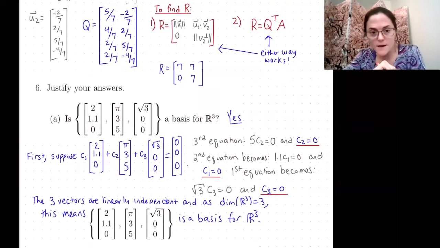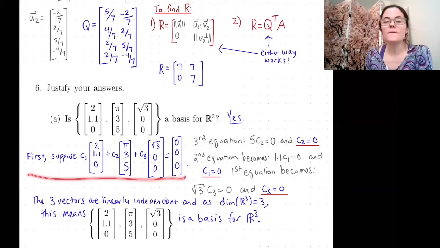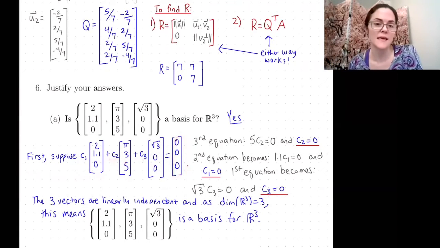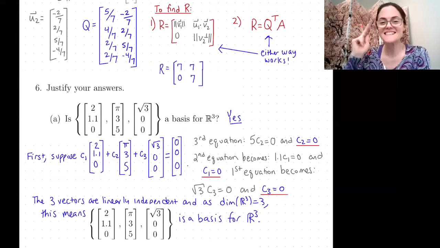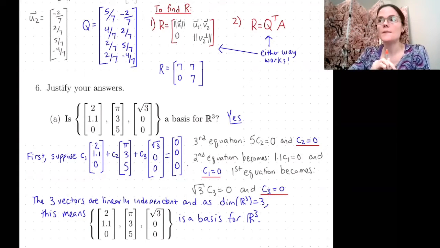But I just chose to do a different way. This is going back to the linear relation. If you have C1 times this vector plus C2 times this vector plus C3 times this vector equals 0, it must be the case that C1 is 0, C2 is 0, and C3 is 0.